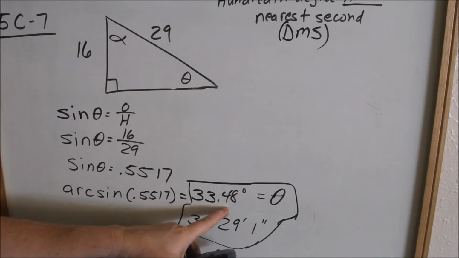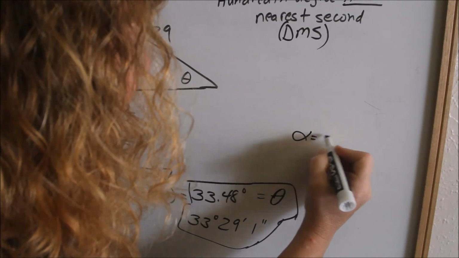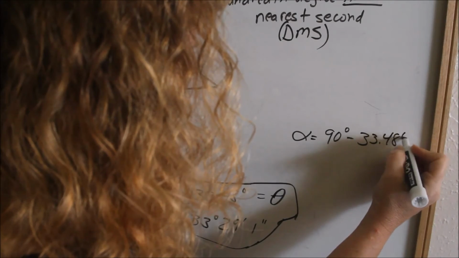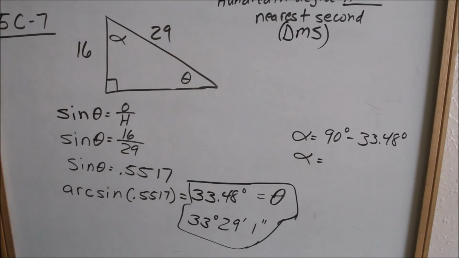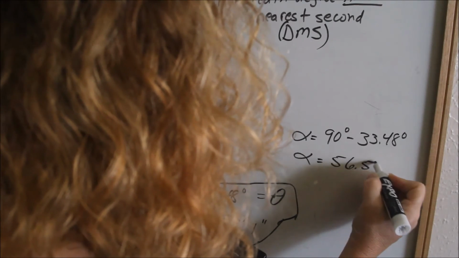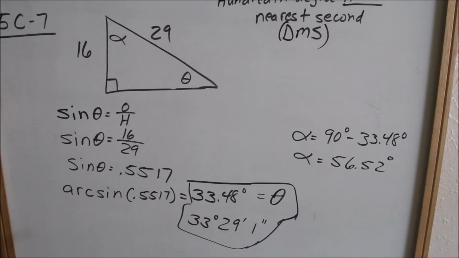We already know theta is 33.48, so to find alpha, it's just 90 degrees minus 33.48 degrees, because alpha and theta need to add up exactly to 90 degrees. So alpha would be 56.52 degrees. That's in decimal.